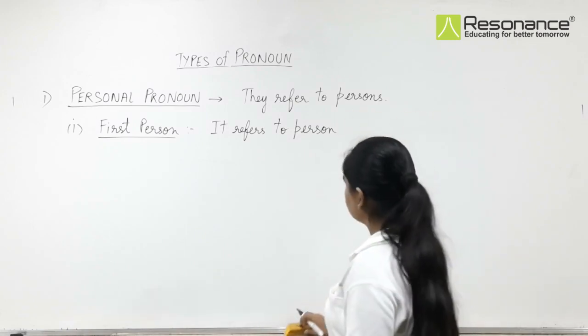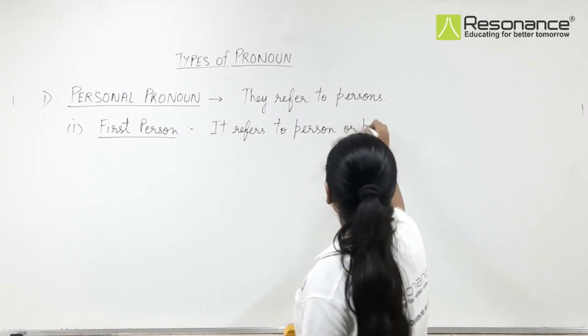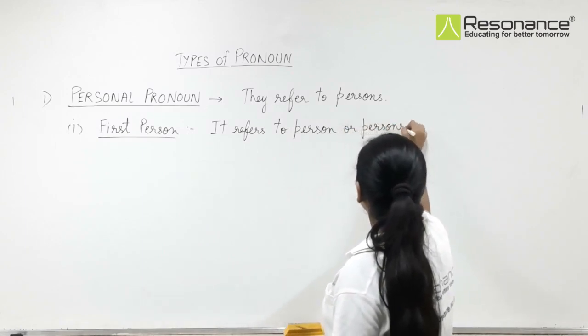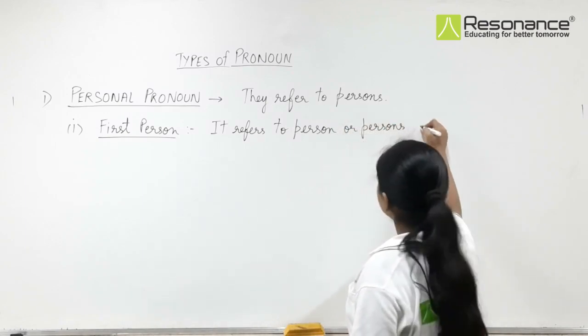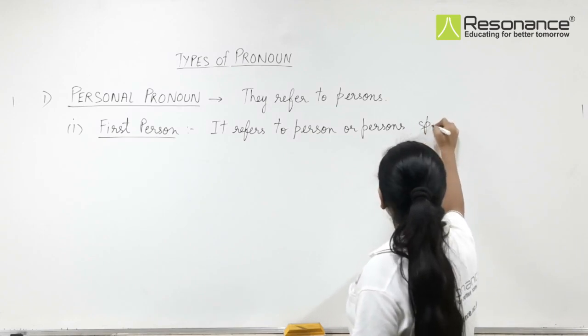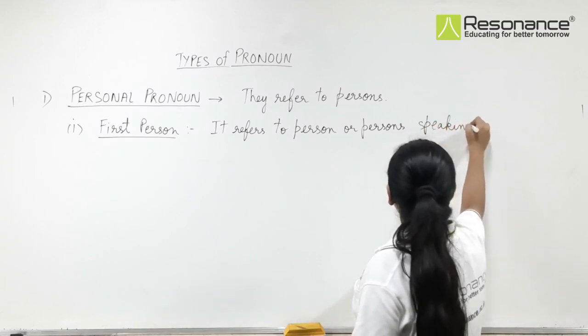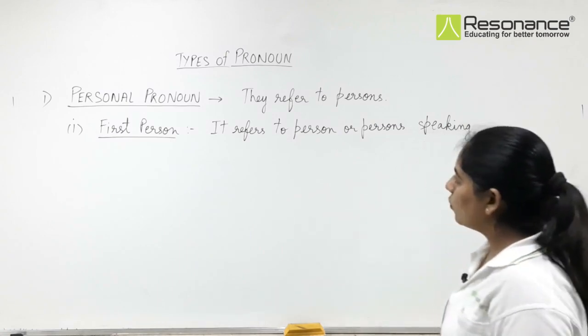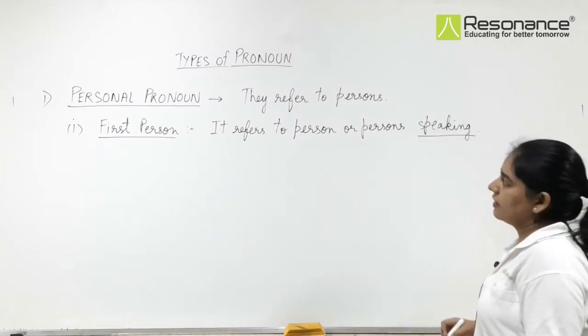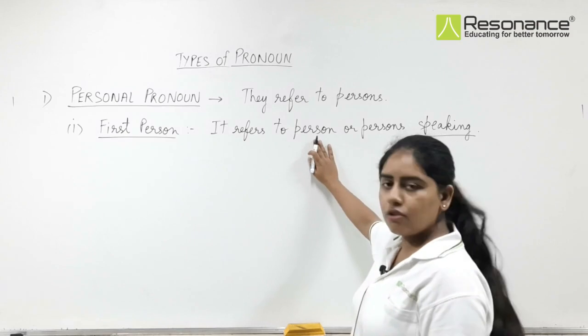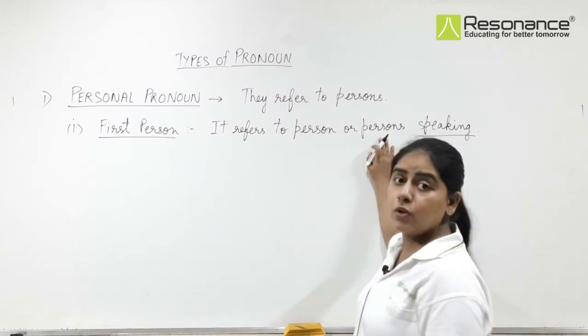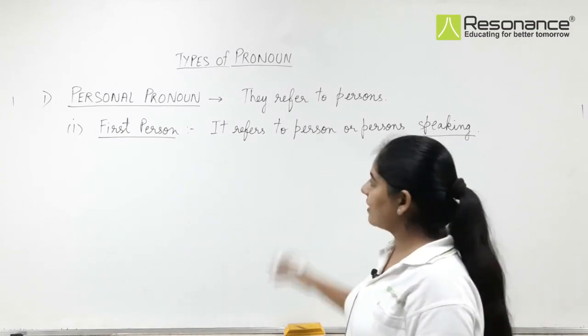You can write it like this: it refers to person or persons speaking. What is the main term here? Speaking. Person means singular and persons means plural. Both cases exist here.